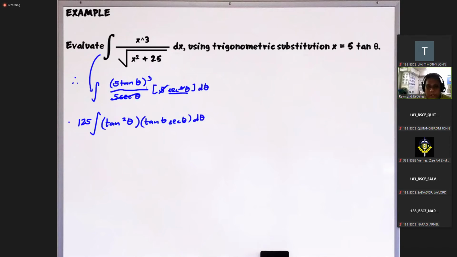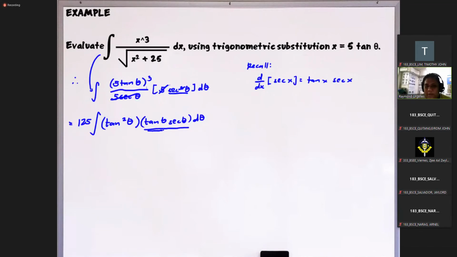Yung reason kaya ako ginawa tong part na to is recall, if you can remember from your calculus, kung alam niyo yung derivative ng tangent, the derivative with respect to x ng tangent of x is secant squared of x. Ng secant of x, this is equal to tangent of x secant of x.